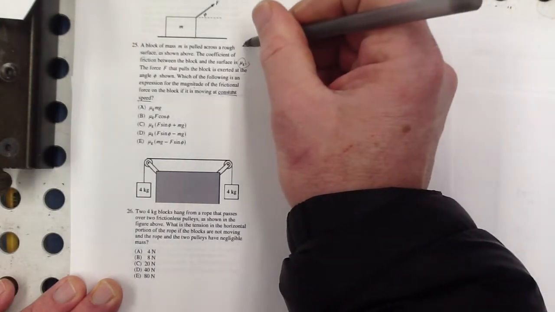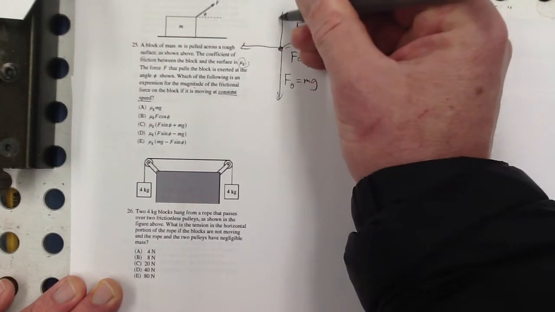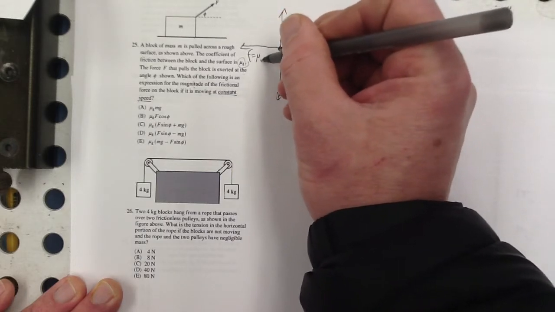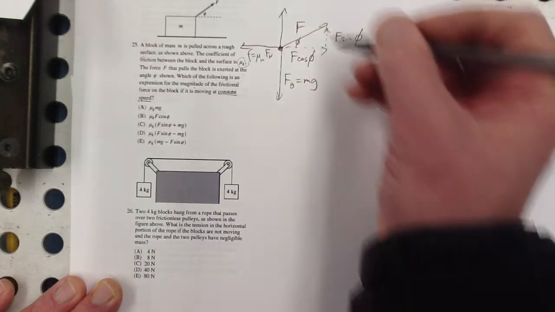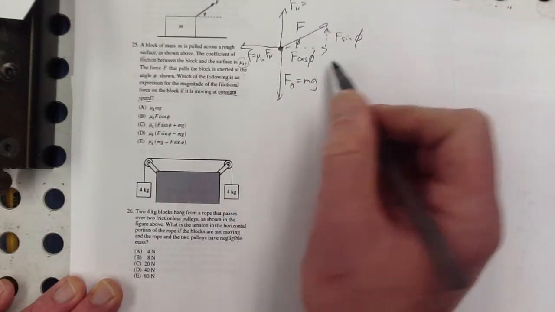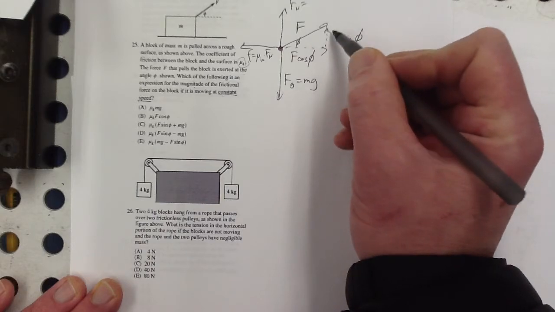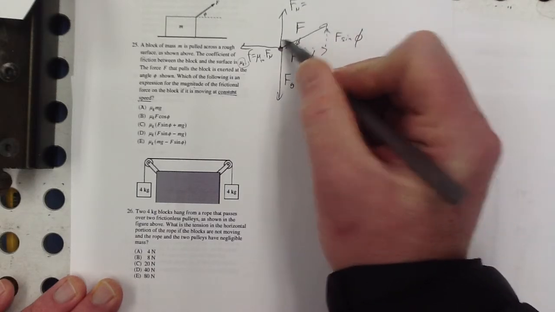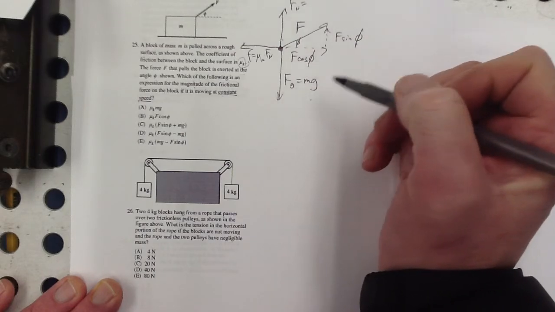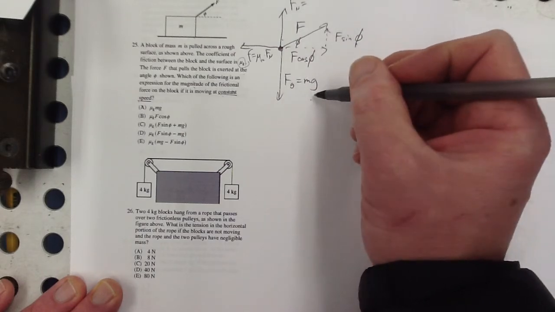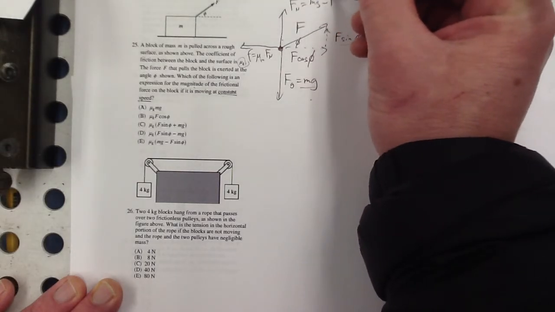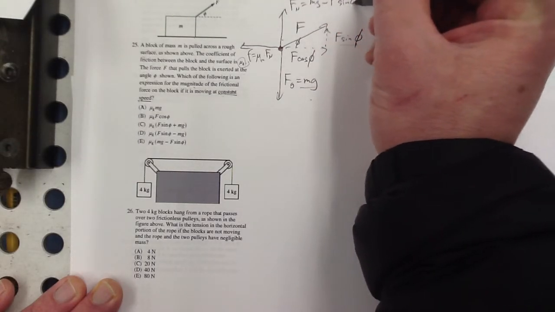The friction force here is equal to mu sub k times the normal force. And the normal force is not equal to this, because this is helping out in the up direction. The normal force plus this would equal this. So just doing a slight bit of rearranging there, that means the normal force is this minus that. It's mg minus F sine phi.